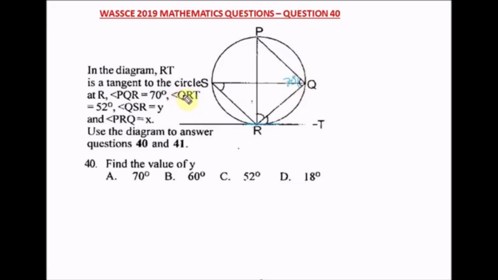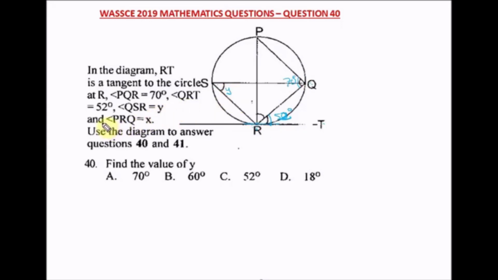Angle QRT, that's this angle here, is 52 degrees. Angle QSR is equal to Y, an unknown which we are going to find.